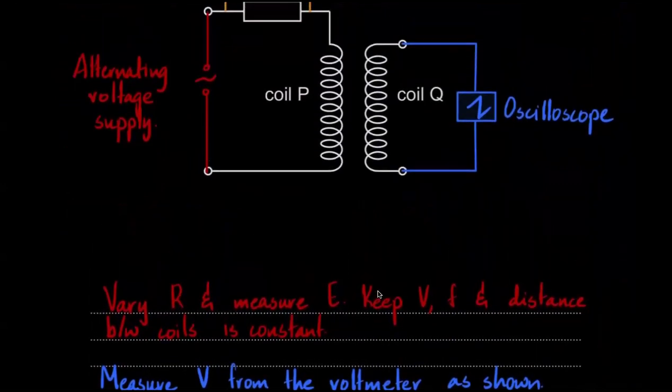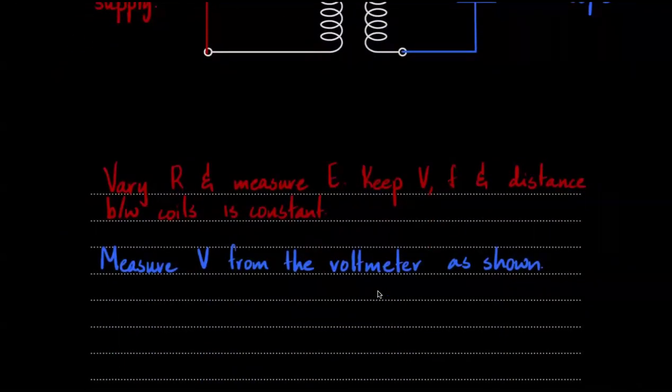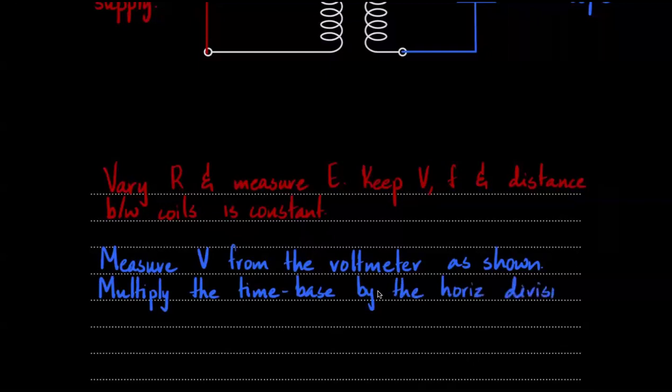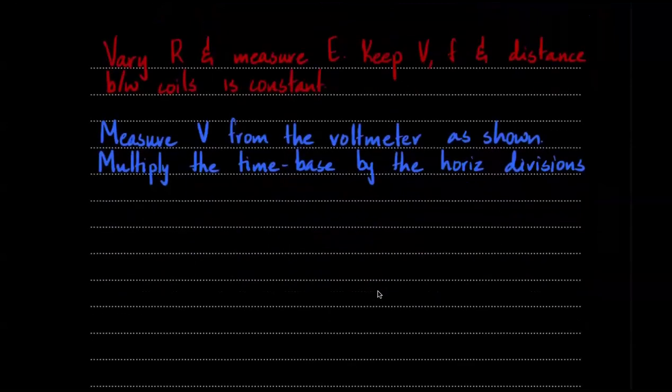For the frequency, obviously now this is going to come from the oscilloscope. I can write a lot about this. So for the oscilloscope, you can obviously talk about the time-base setting. So multiply the time base by the horizontal divisions in which one wave forms, to get the time period.